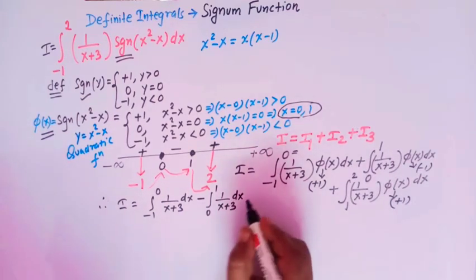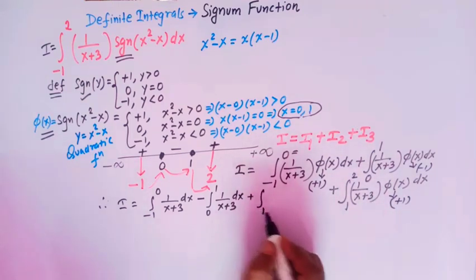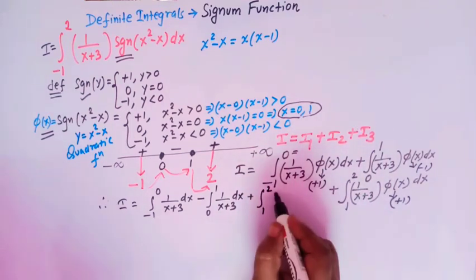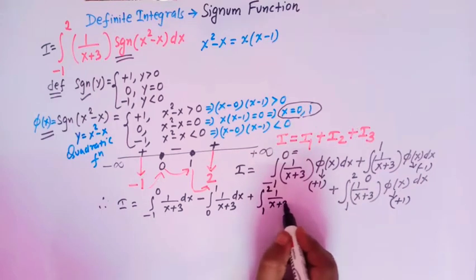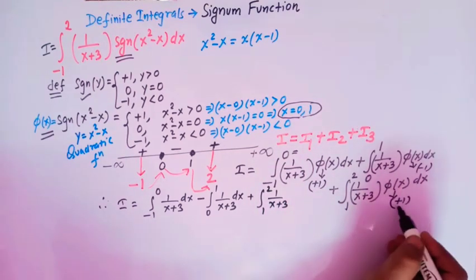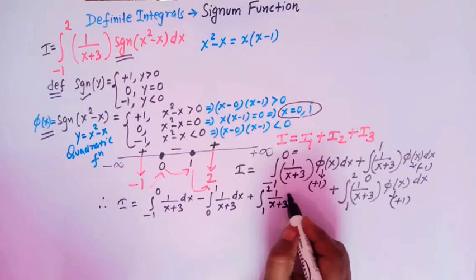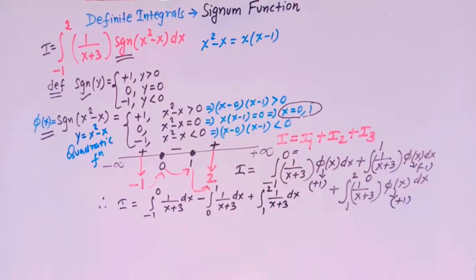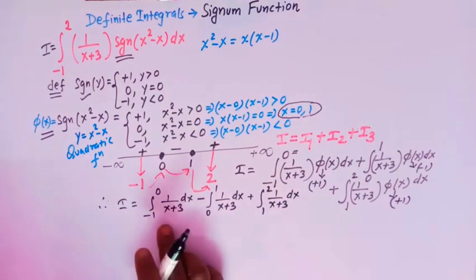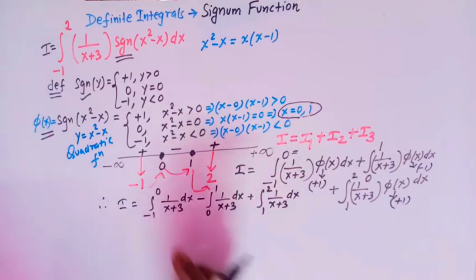Then we have the third integral, from 1 to 2, of 1 over x plus 3, and the value of phi of x is plus 1, right? So here we have dx, right?